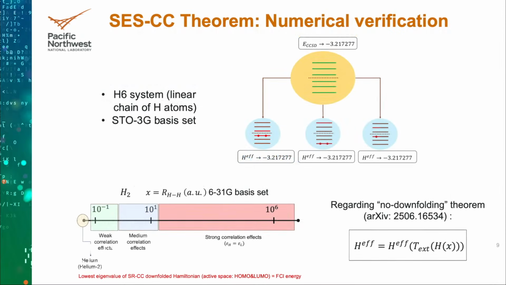So there are a few interesting things about this downfolding. We verified it numerically on a small system, H6. So this is the CCSD energy obtained with the standard textbook expressions. Then we use several active spaces. In each case, we were able to reproduce the same CCSD energy.